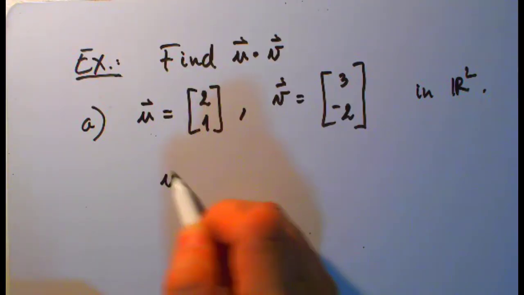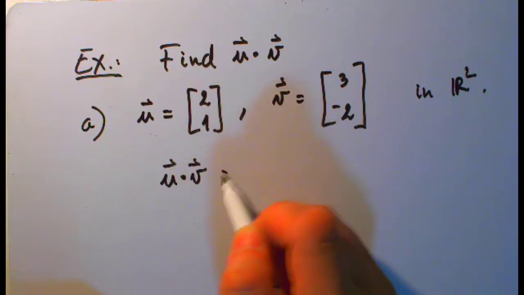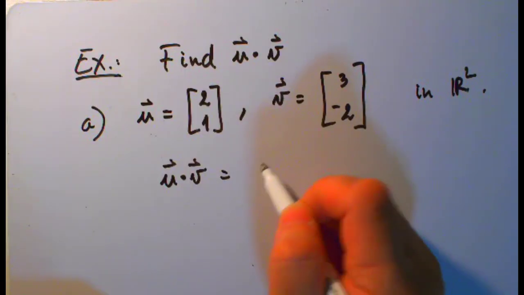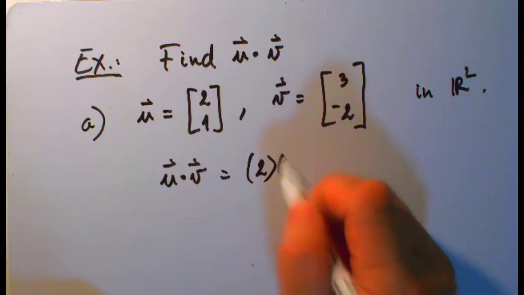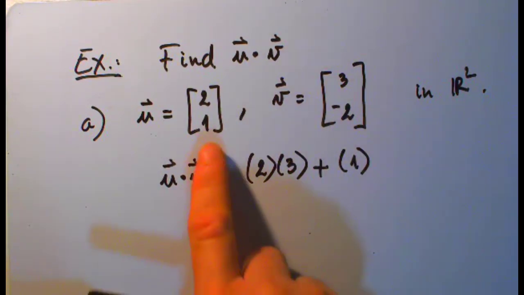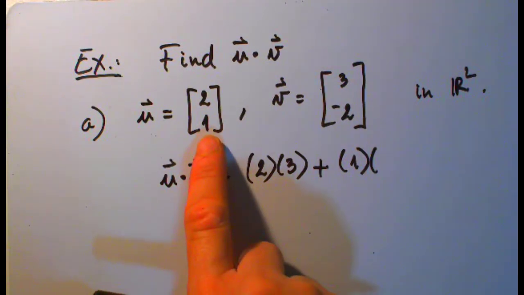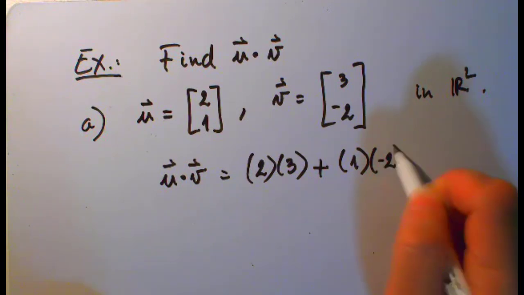The dot product between u and v in this case is simply component 1 of u, which is 2, times component 1 of v, which is 3, plus component 2 of u, which is 1, times component 2 of v, which is -2.